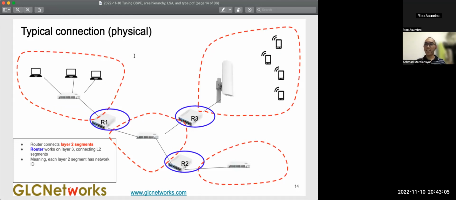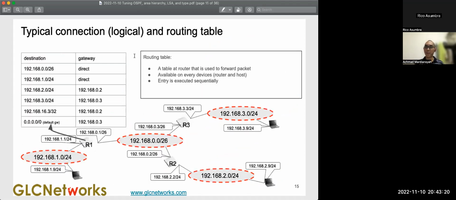So as I said, when we develop a network, usually we set up a physical connection. We draw: this port connects to that port. So we set up a physical topology, and after that we set up a logical topology, which consists of layer 3. We don't know which cable goes to which port.